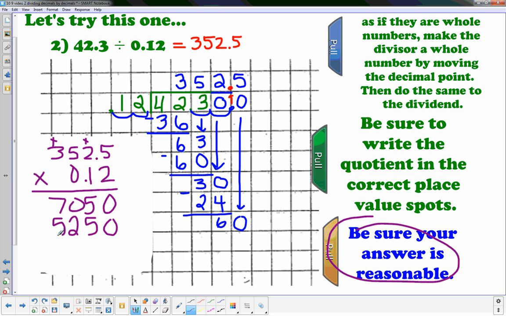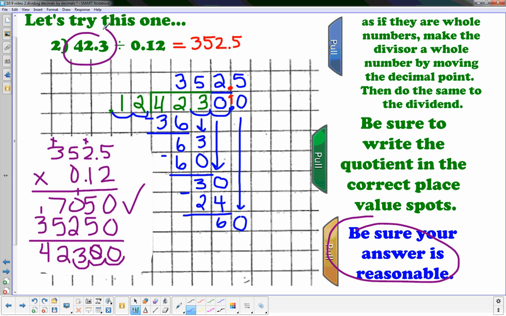Then adding, 3, 7, and 5 gives me 12, 4. I have 3 spots to move that decimal point. 42 and 3/10. These extra zeros don't affect my answer. 42 and 3/10. We did it right.